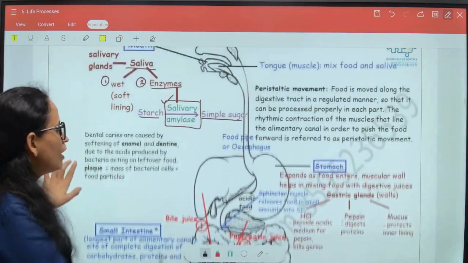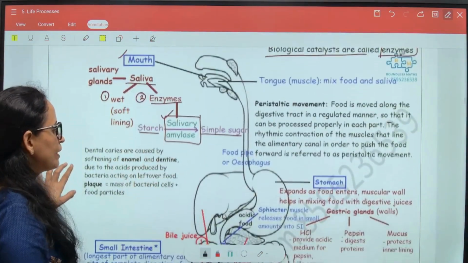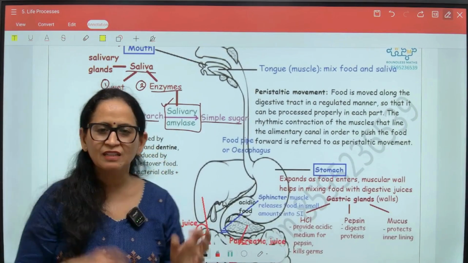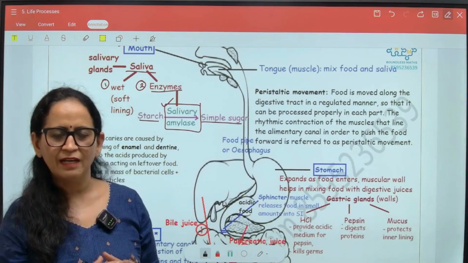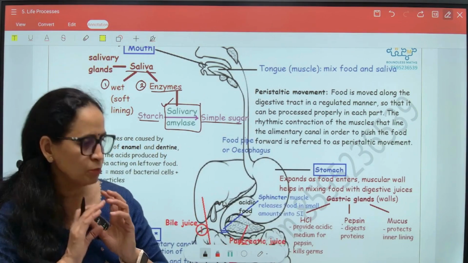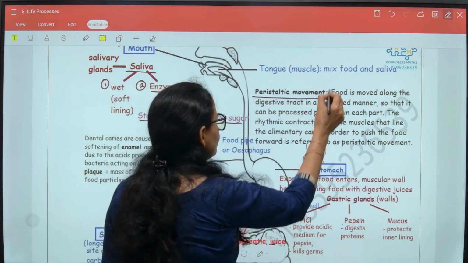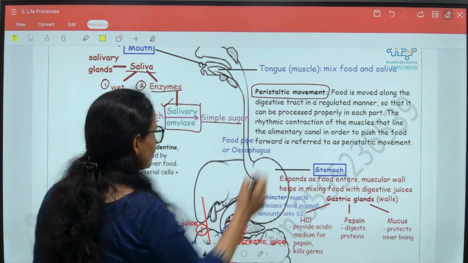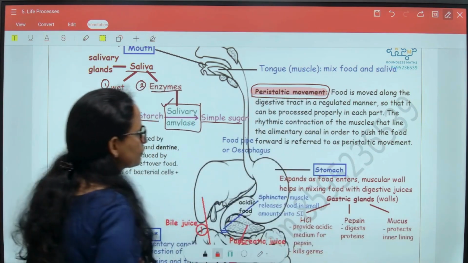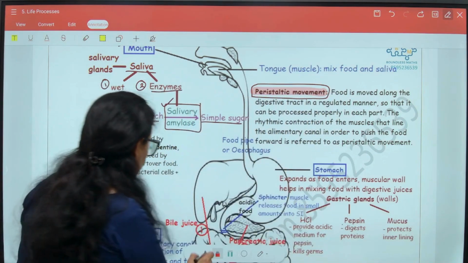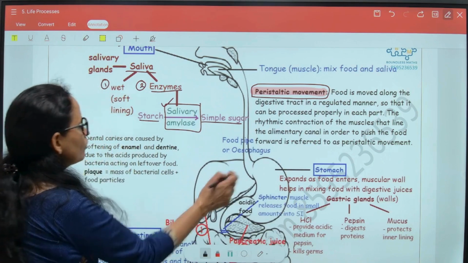The entire alimentary canal consists of muscular walls, and these muscles keep on contracting and relaxing to make the food move forward. So this movement is known as peristaltic movement. Very important keyword, you should remember this. What is peristaltic movement? Right? Now the food reaches the stomach.